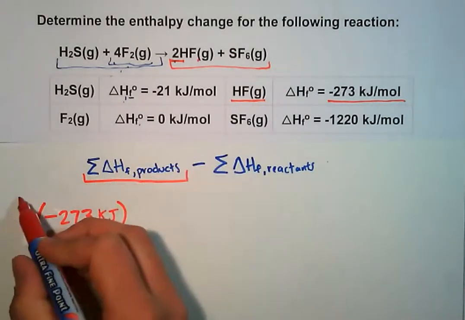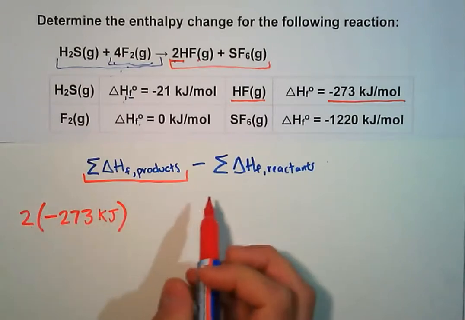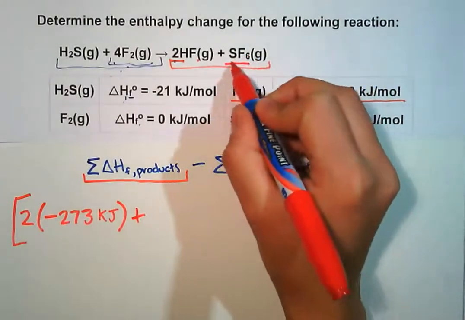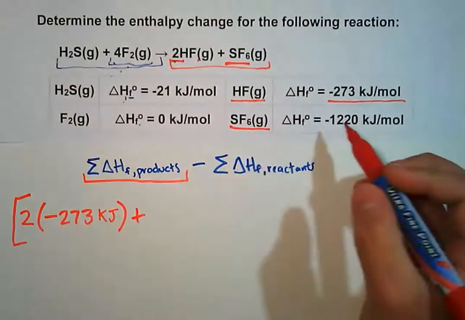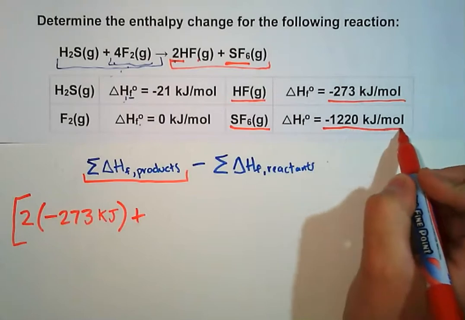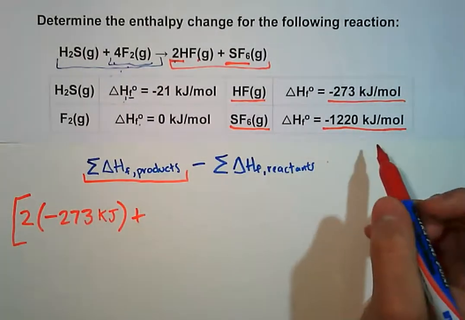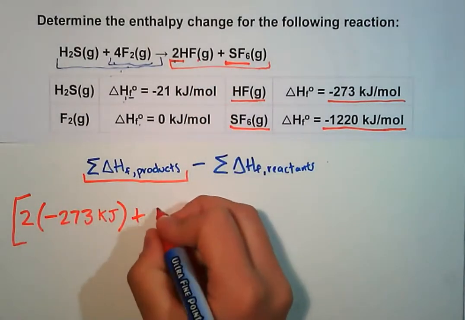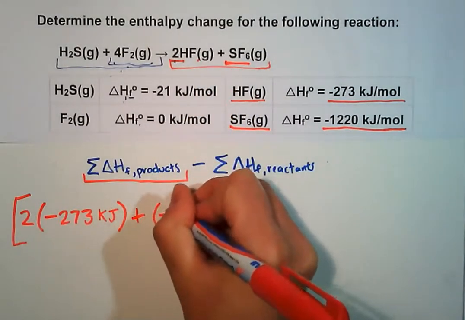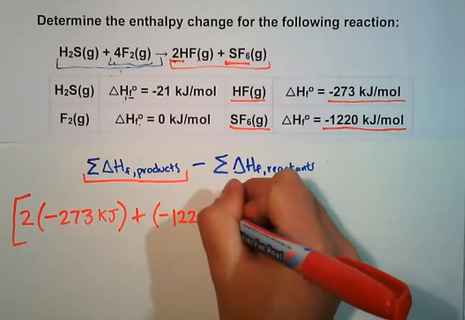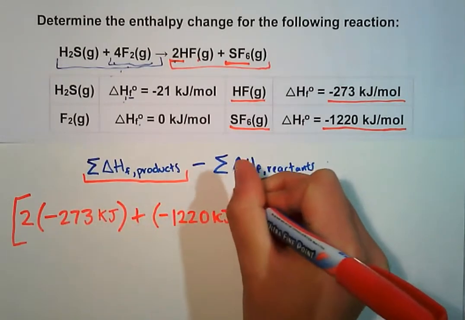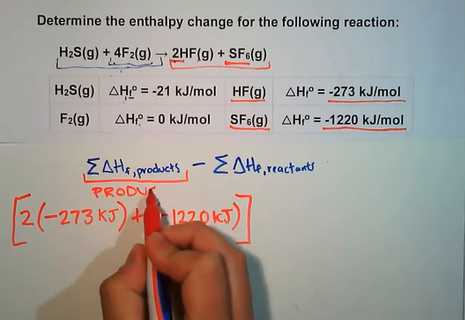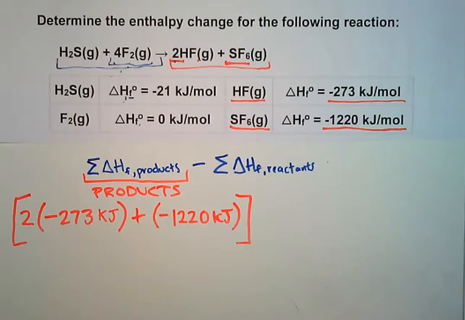So there's one of our products, and then our other product is this SF6, which is right here, and its delta H value is negative 1220 kilojoules per mole, and we only have 1 mole of SF6, so we just need to do plus 1 of that, negative 1220 kilojoules. Okay, so there are our products, and I'm going to label them so we don't forget.